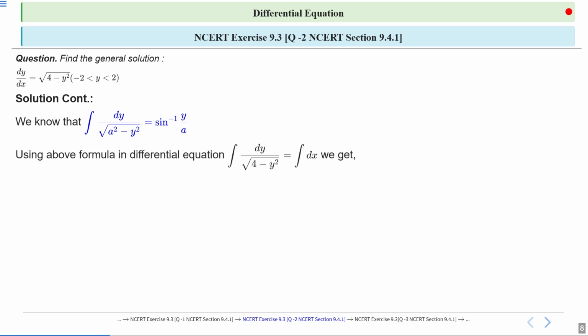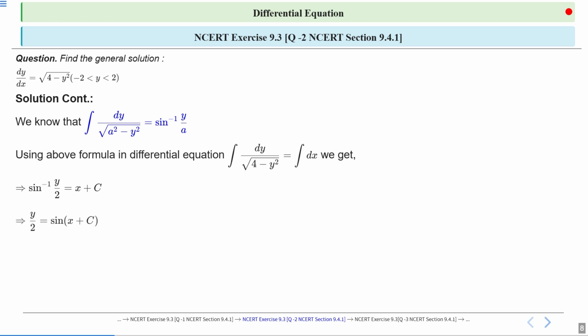So just use this formula. The integration of dy by root under 4 minus y square becomes sine inverse y by 2, as the value of a is 2, and integration of dx is x plus c.